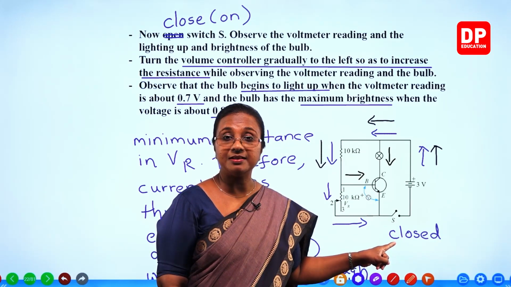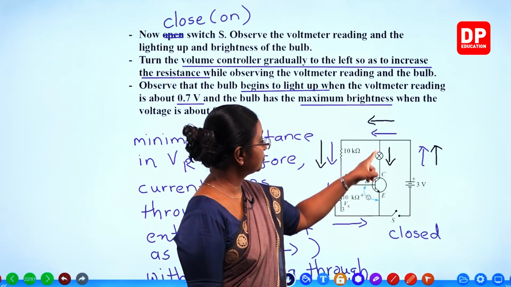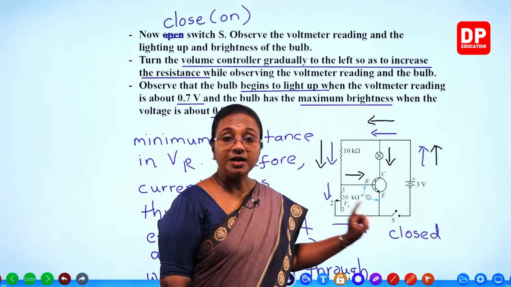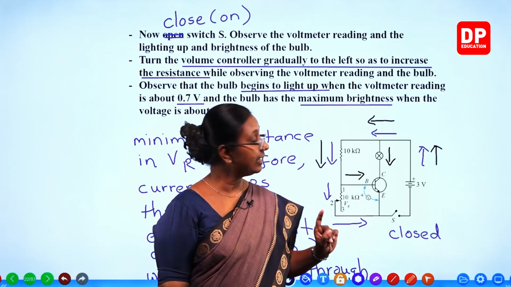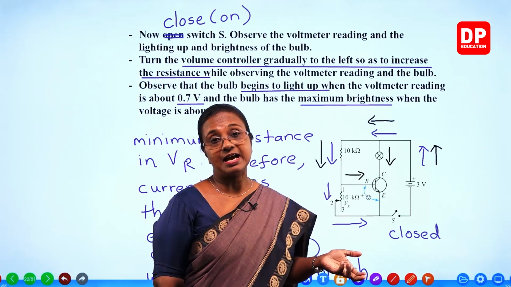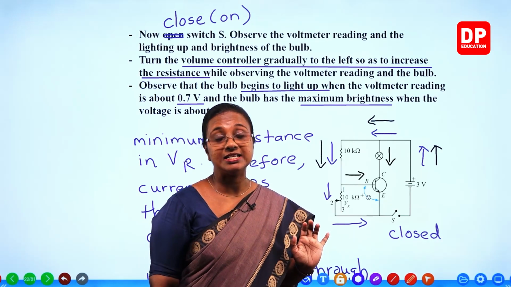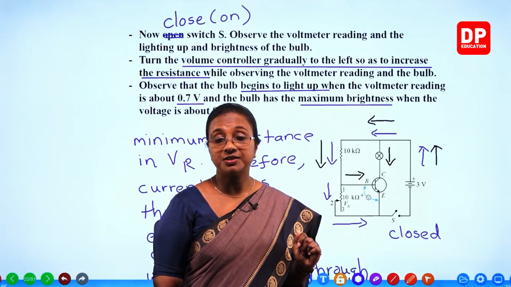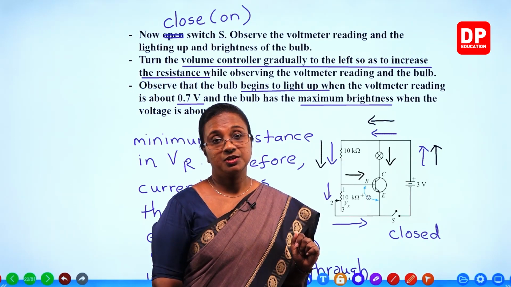This is an NPN transistor, so the current flows from collector and base to emitter. Because that IC current, the collector current, flows through the light bulb, the bulb will light. Can you all understand that? So that is how the transistor functions as a switch.